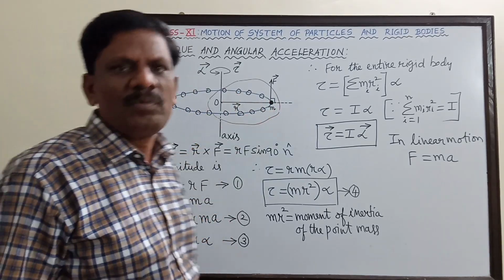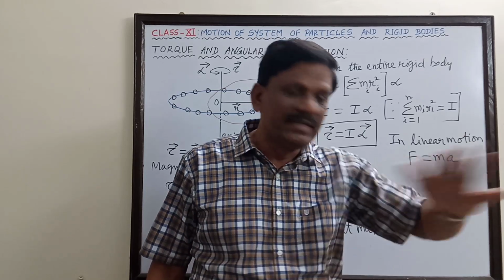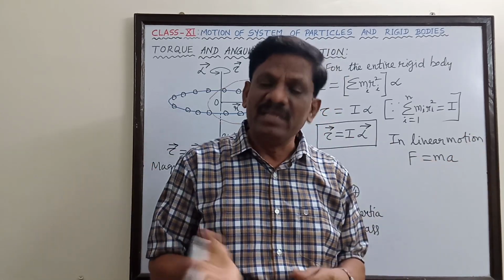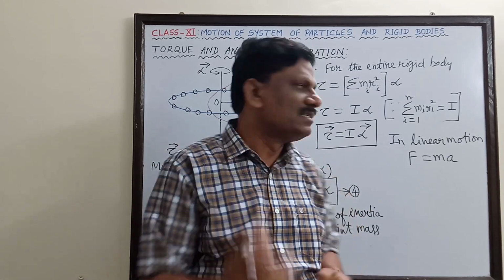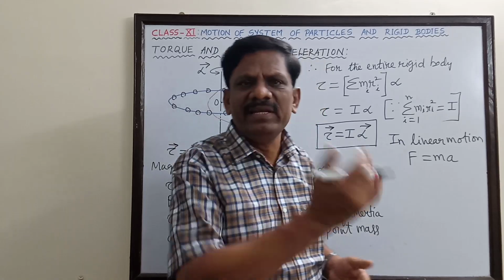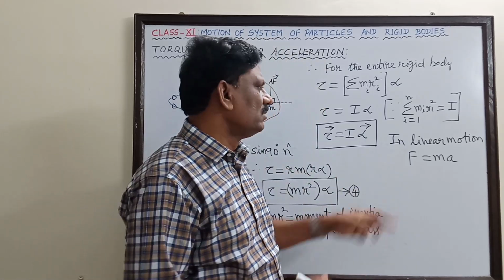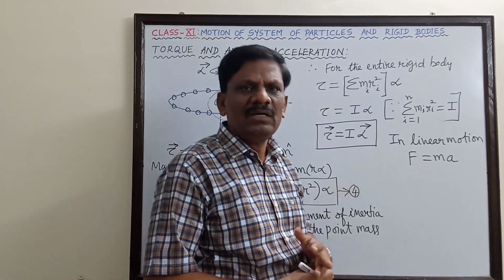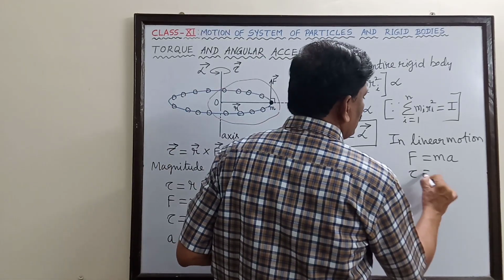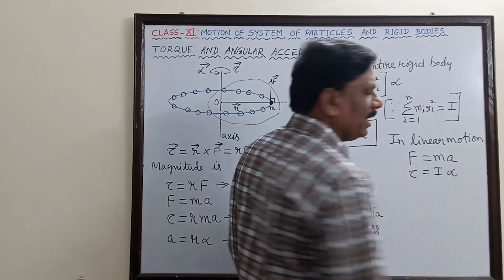This particle possesses two accelerations, one in linear motion, that is translatory. It may not be a straight line, it may be curvilinear also. This equation is common for rectilinear motion along a straight line or curvilinear motion along a circle. So force is equal to mass into acceleration. Like that, tau is equal to moment of inertia into angular acceleration.